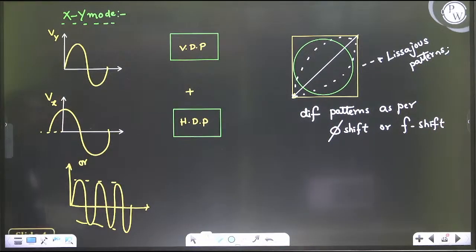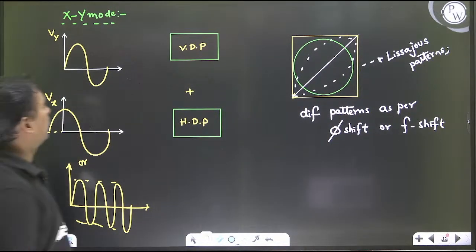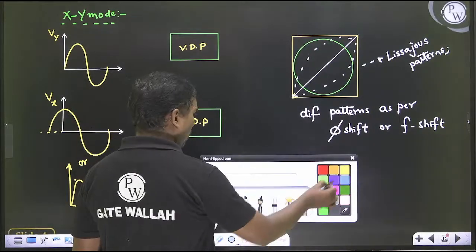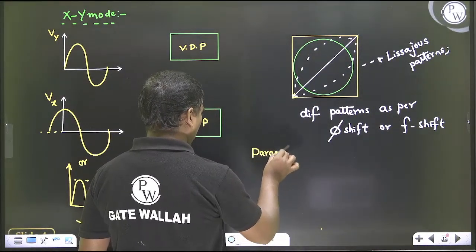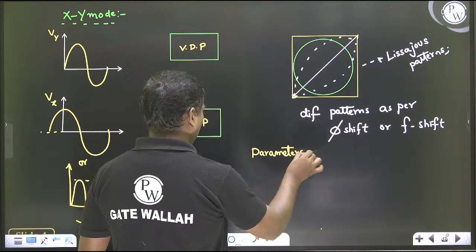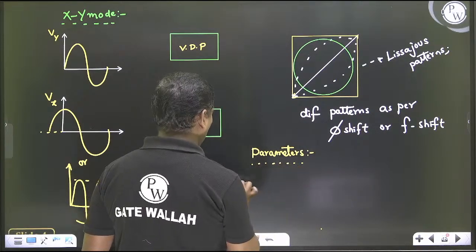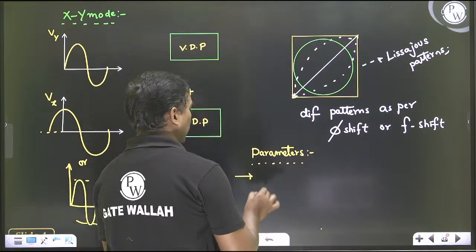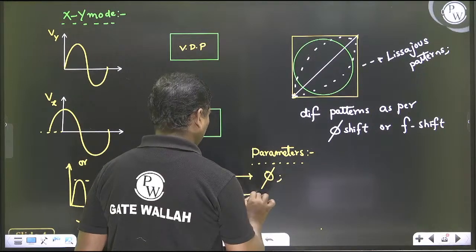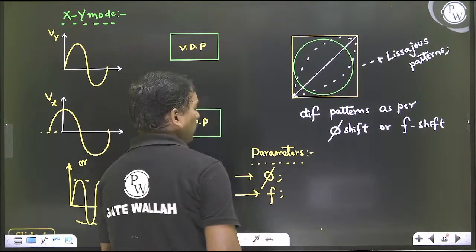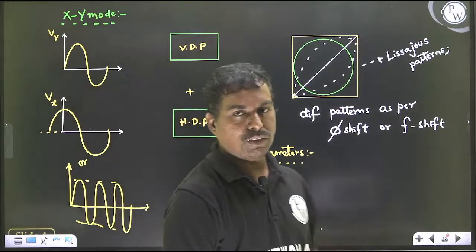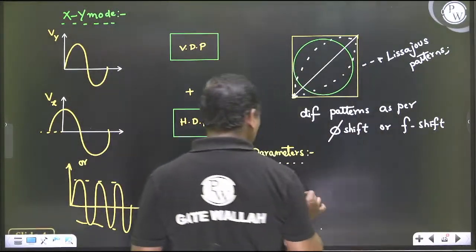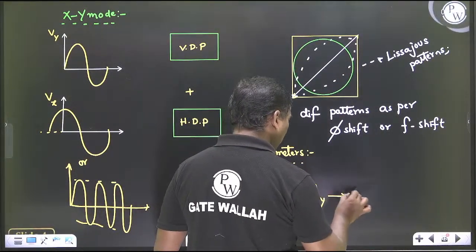So from the XY mode, what can we measure? The parameters that we can measure from the XY mode are phase and frequency, especially the phase shift and the frequency. That means the relation between the frequency along the Y plates and the frequency along the X plates.